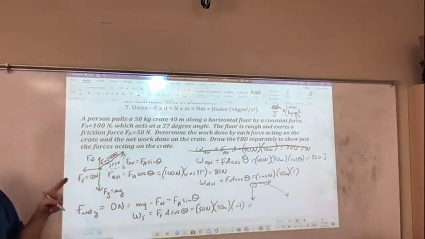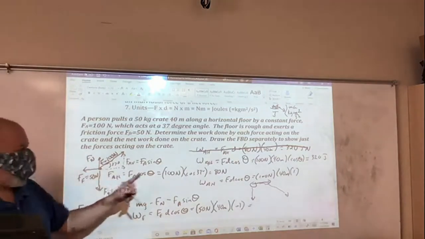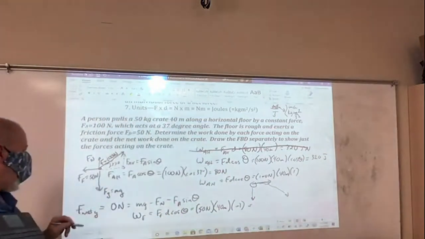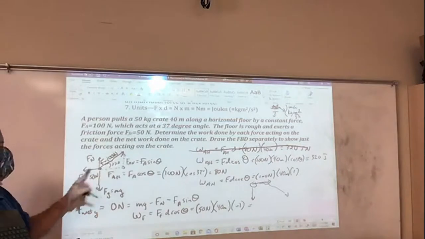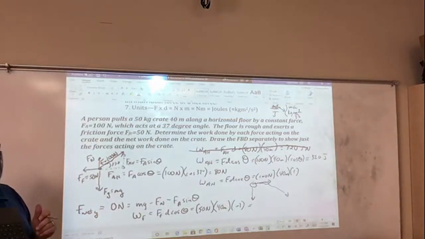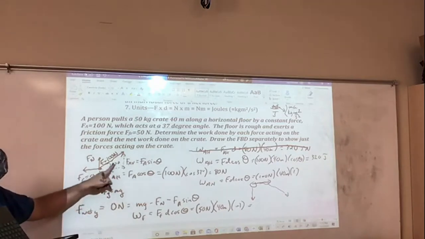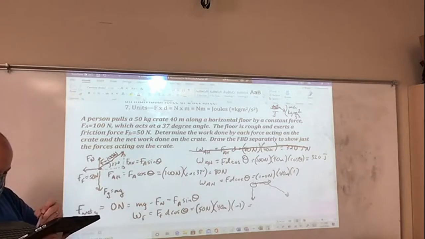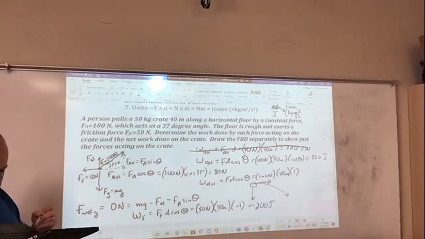Isn't it cool how that works? This formula covers everything. This is one of the only circumstances where we'll ever think about angles greater than 90 degrees for our calculations, because it works this way. The force of friction being in the opposite direction means that I'm doing negative 200 joules of work.